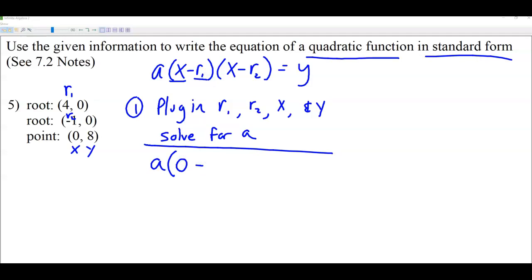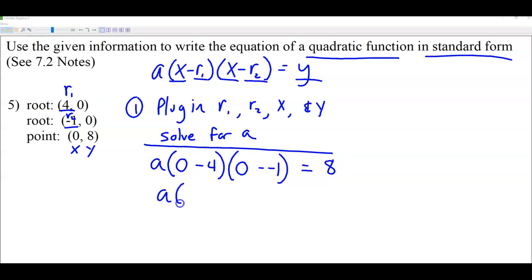My r1 value is 4. Another x value, so put 0 here again. r2 is negative 1. And then the y value is 8. All right, let's work this out.